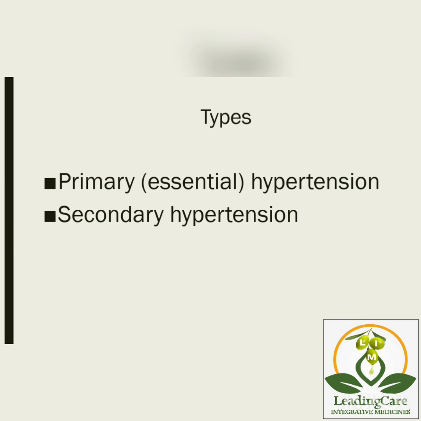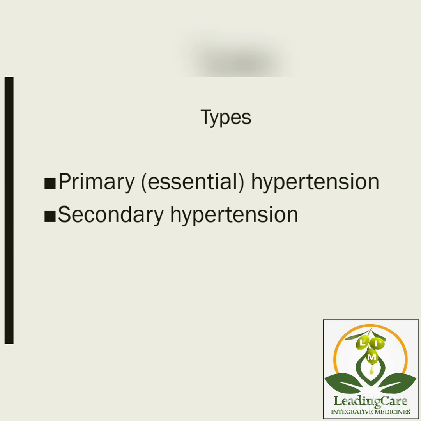Meanwhile, essential hypertension is tagged to be the type of hypertension that has no specific cause. In fact, that is what we are going to focus on in this talk.